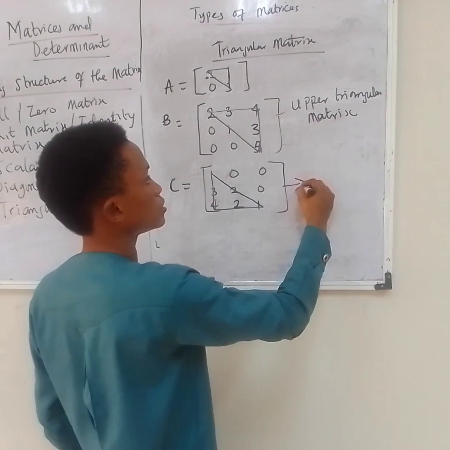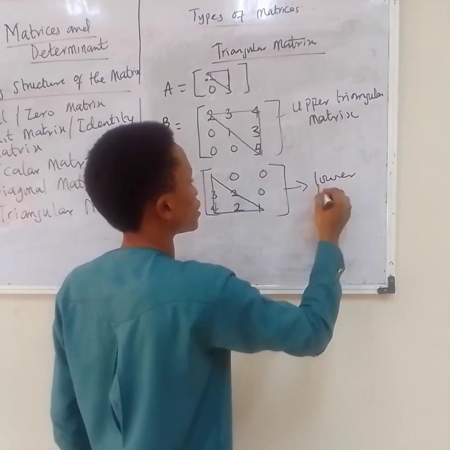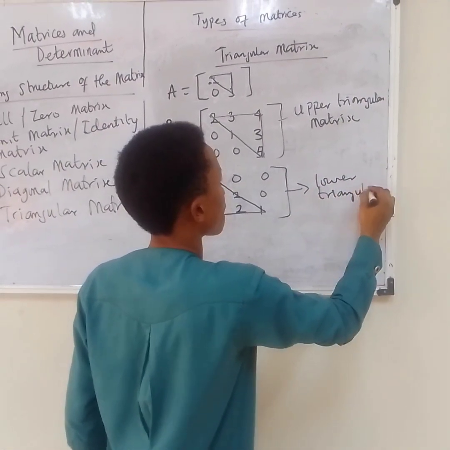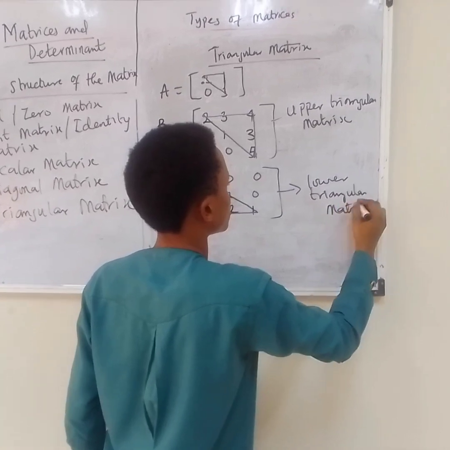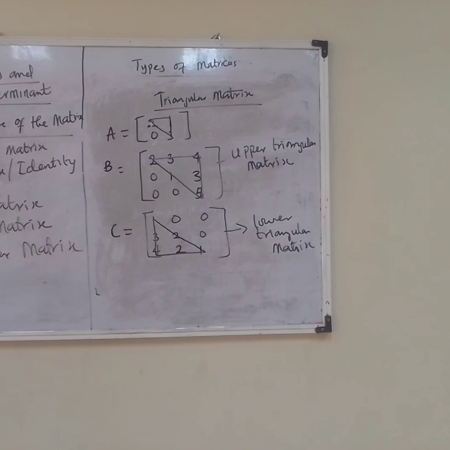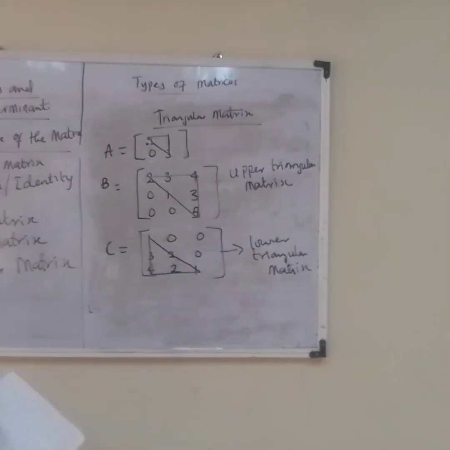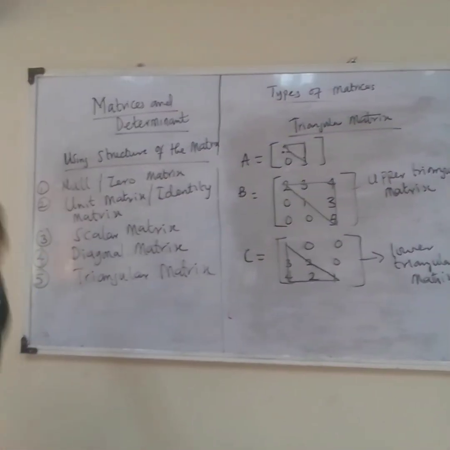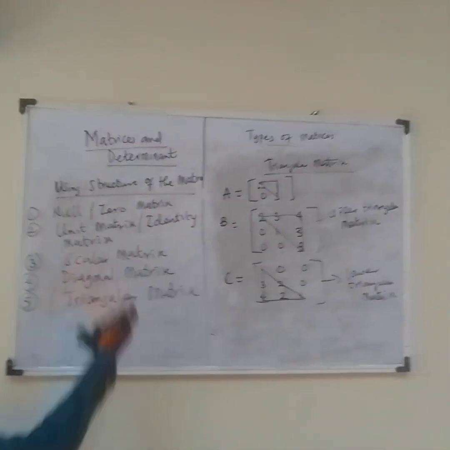So this is a lower triangular matrix. Alright, so that's it for the structure of matrices.